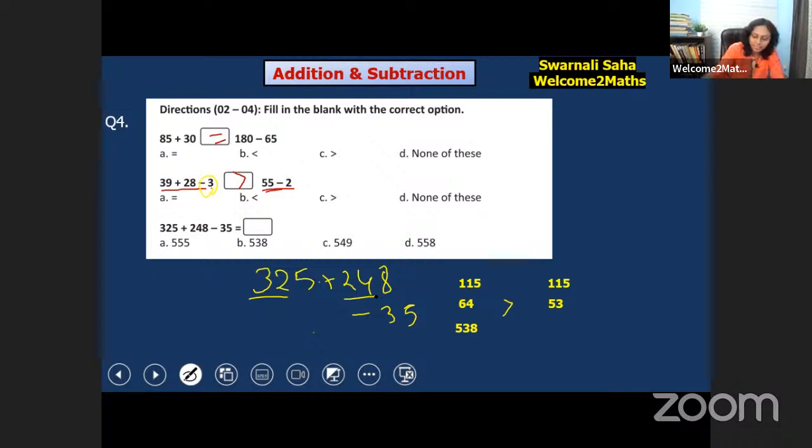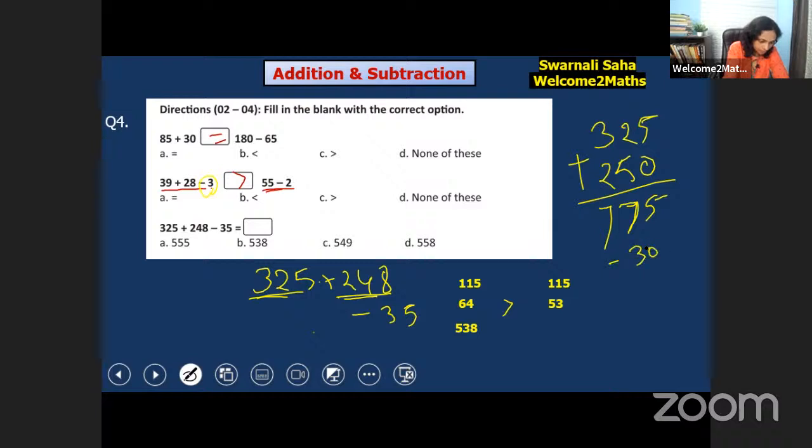It is 538. So how to solve this? 325 plus 248. Instead of 248, you can do 325 plus 250, because it would be easier to do, 575, then we have to subtract 2. So it would be easier to do mentally. In this way you can also do it, then subtract 35.